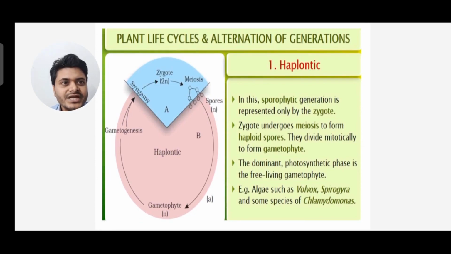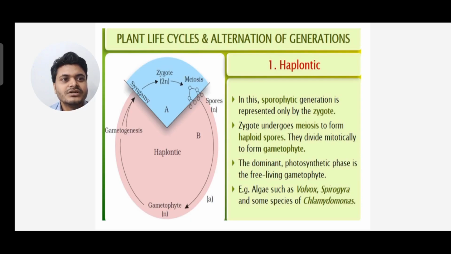In the haplontic life cycle, this type is seen in algae such as Volvox, Spirogyra, and some species of Chlamydomonas. In this, the sporophytic generation is represented only by the zygote, that is 2N, and the rest is haploid.